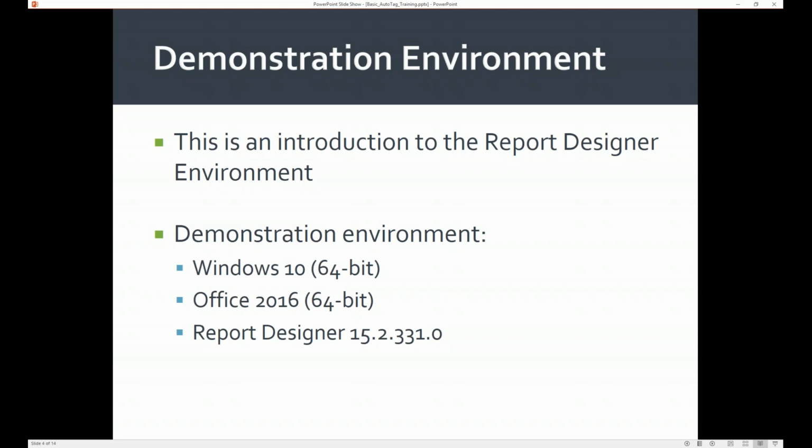I think 32-bit only allows you 2 gigs of memory, while 64 you can utilize all that you have on your hardware. And the version of Report Designer that I'm using is 15.2.331.0. This version was just recently released, and you can find it on our Windward Software Downloads webpage.